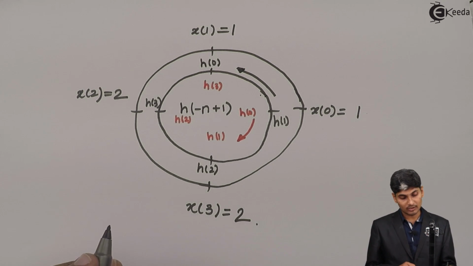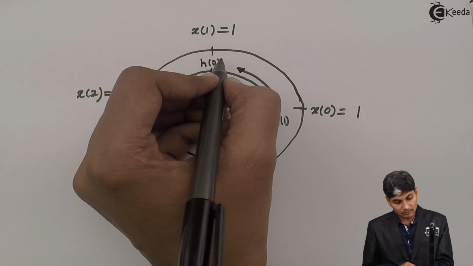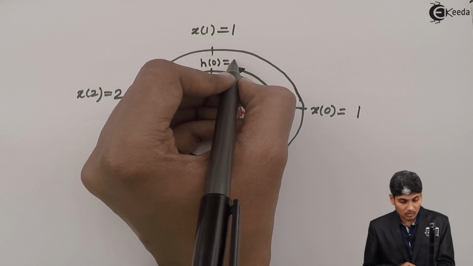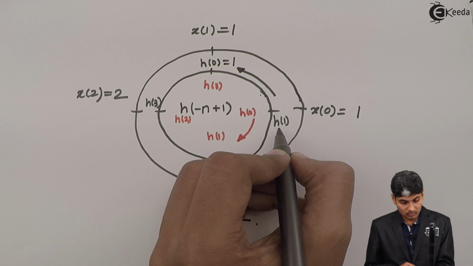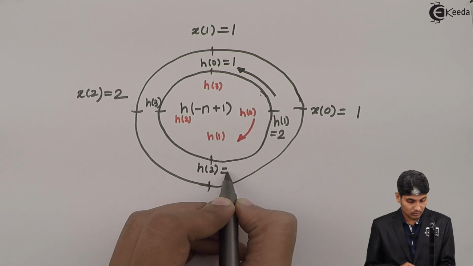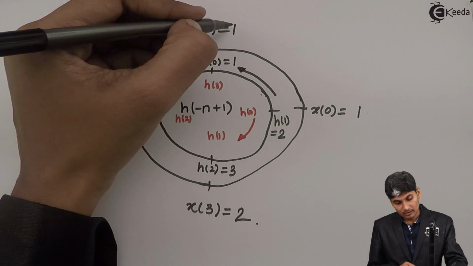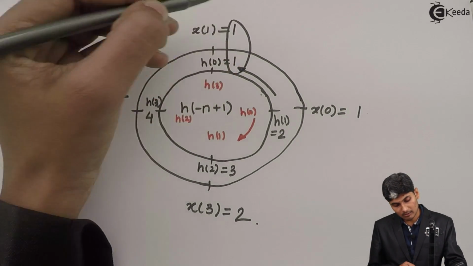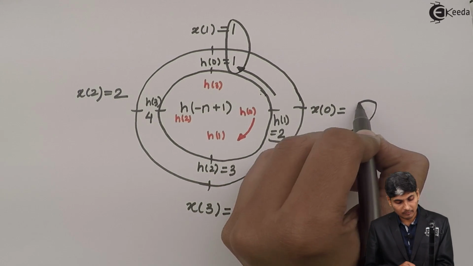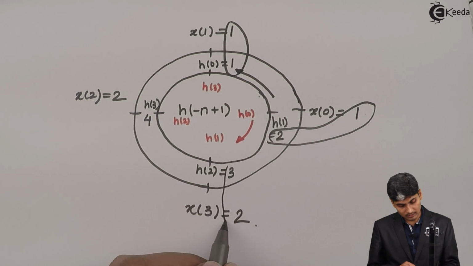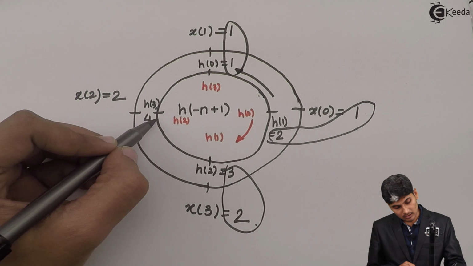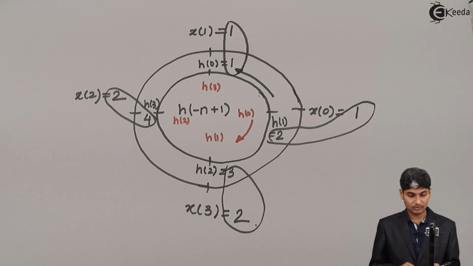Okay. Now, see the overlaps. Now, h of 0 is 1, h of 1 was 2, h of 2 is 3, and h of 3 is 4. Now, this becomes my overlap, this becomes my overlap, this is my overlap, and this is my new overlap.